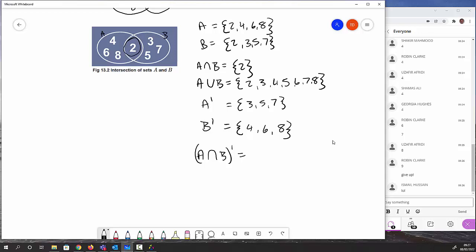So this is saying all of the things that are not in that set, which means that we're talking about 3, 4, 5, 6, 7 and 8, aren't we? So that's these elements and these elements.